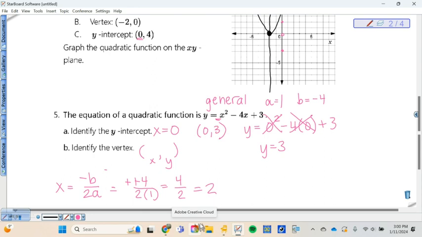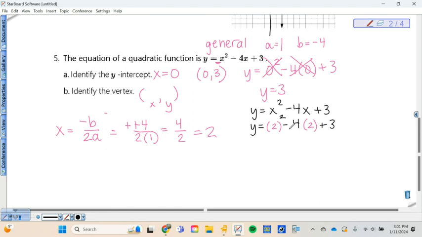And then again, I'm going to plug that value in for x. So from my equation, y equals x squared minus 4x plus 3, I'm going to plug in my 2 for x. So I have y equals 2 squared minus 4 times 2 plus 3. What's 2 squared? 4.